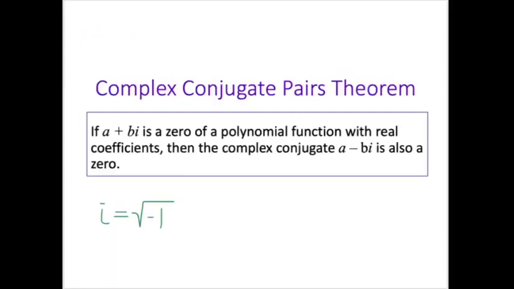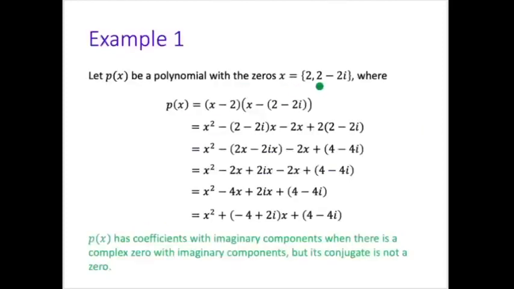If we look back at our theorem, the complex conjugate pairs theorem tells us that if you have a plus bi, then you must have its conjugate, a minus bi, in order for the coefficients to be real. That wasn't the case here.